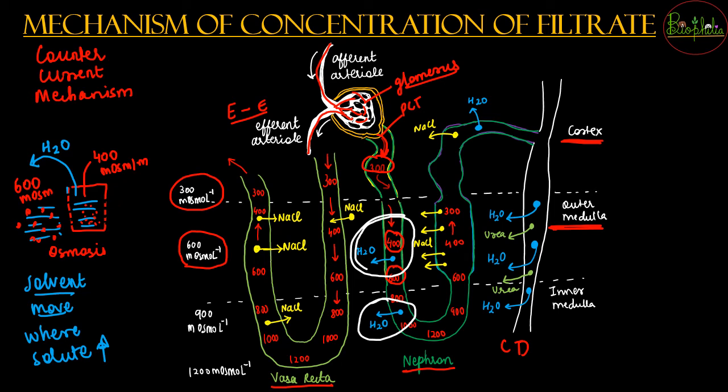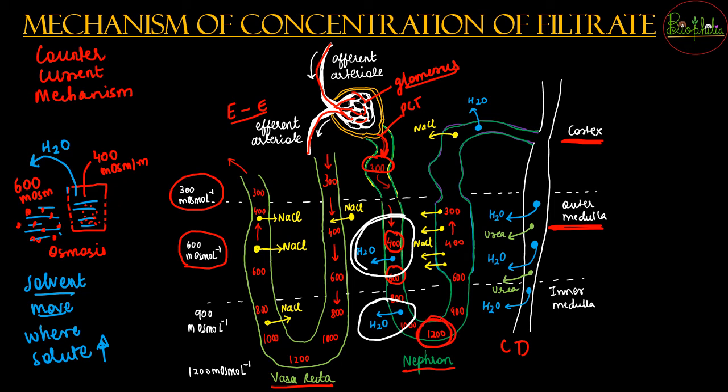And as water goes out at every step, the inner osmolarity is increasing, because water is leaving compared to the solute concentration. So the osmolarity, from 300 at the start, has come to 1200 at the end of the innermost medulla.